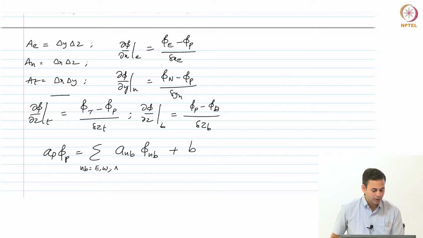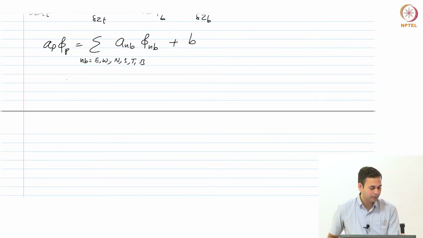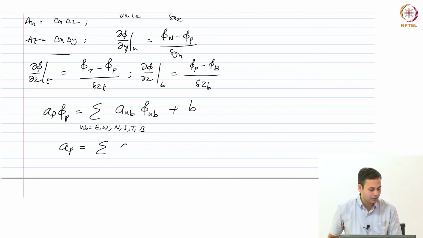East, west, north, south, and top and bottom. And what would be your AP? AP is sigma A nb, where again NB goes from east, west, north, south, top and bottom.